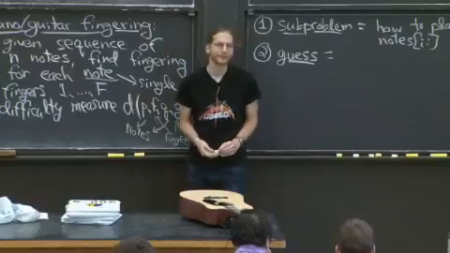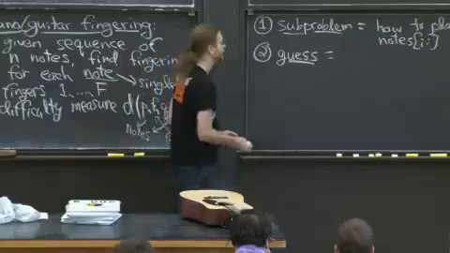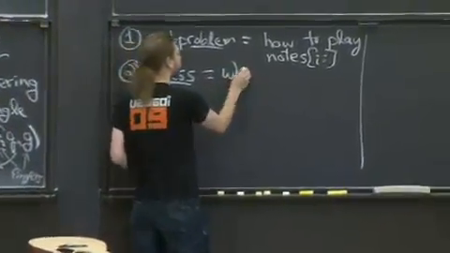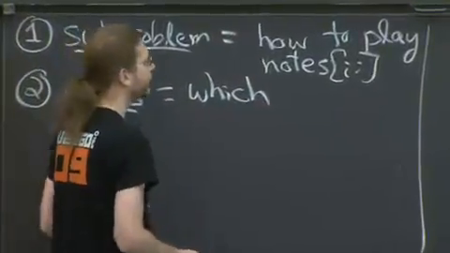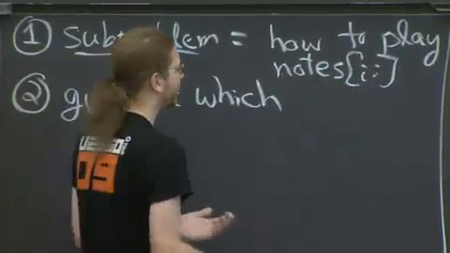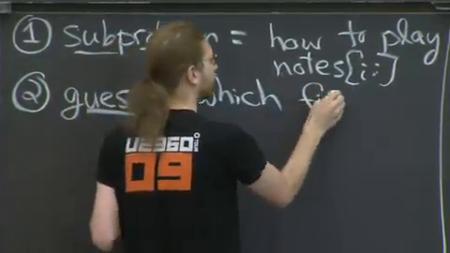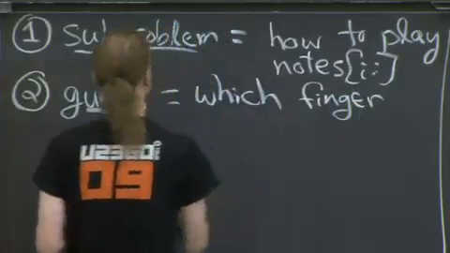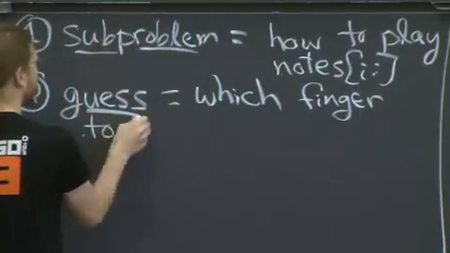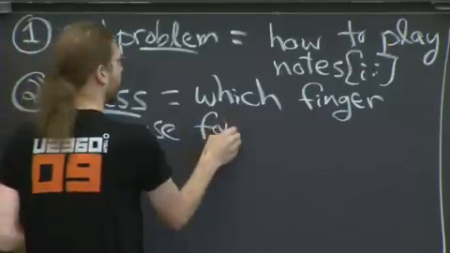Yeah? Maybe which finger to use for note I? Yeah, which finger to use for note I? Our whole point is to assign fingering. The first note here is I, so let's think about I. What could you do for I? Well, try all the possibilities. Which finger to use for note I?